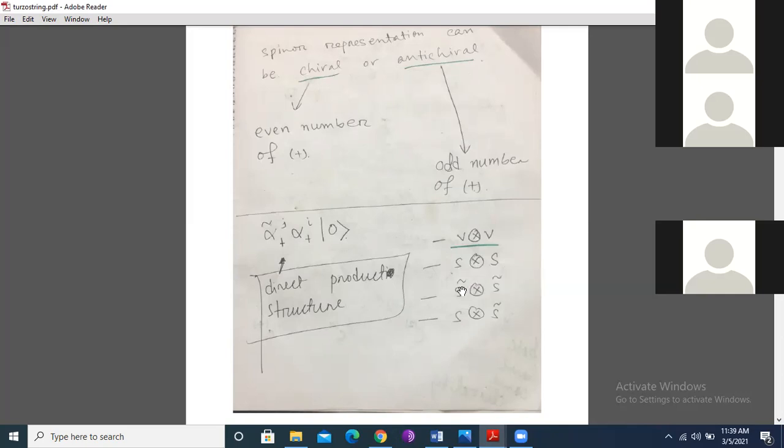So you have to take both of them into account. So for the spinor representation, you are actually considering the Weyl representation, right? Right, yes. I think the strings are massless, that's why Weyl.